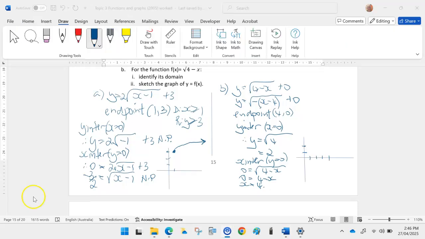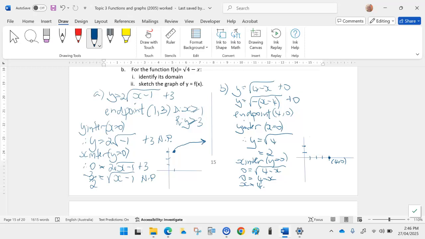What does that look like? Oh, I know where the endpoint is. It's at (4, 0). 4 along the x-axis, 0. That's my endpoint. And that tells us it crosses the x-axis at 4, so the x-intercept and the endpoint are the same thing.